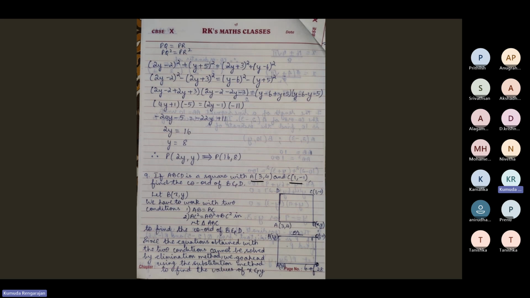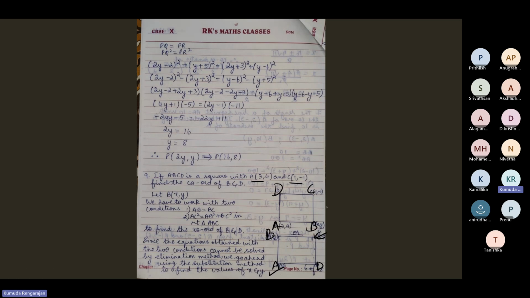So see, the square can be named A, B, C, D like this, or A, B, C, and D like this. So we know the address of A and C. We need to find the address of B and D. Now, it's enough if you find the address of B, because when you try to find the address of B, you will get two sets of coordinates.